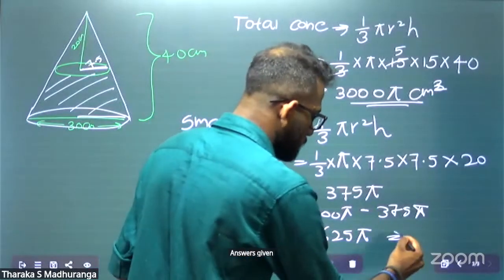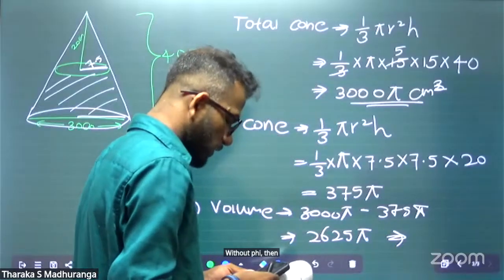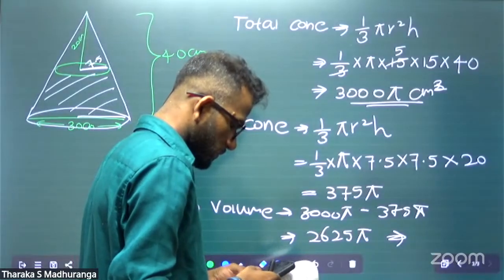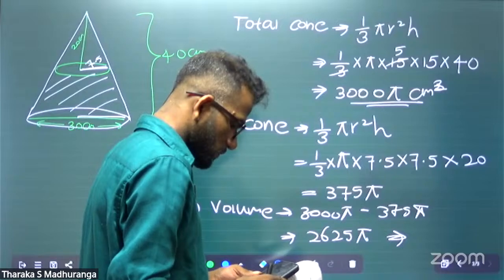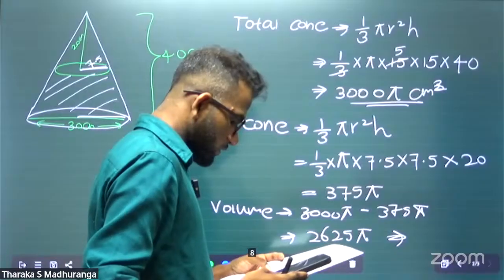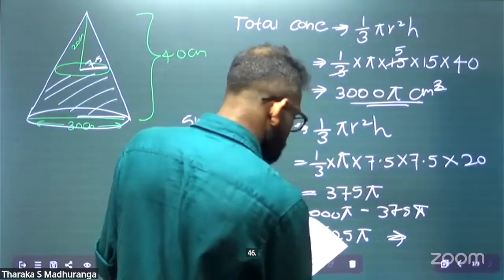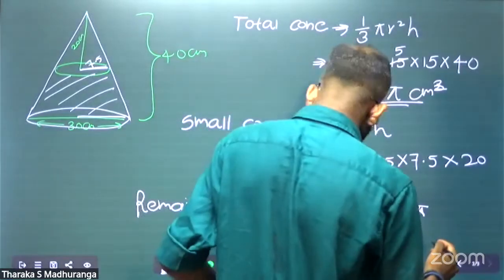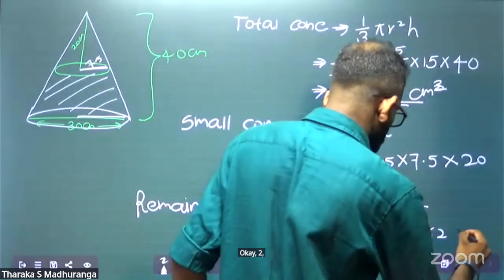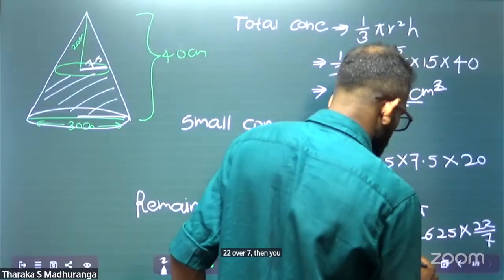Answers are given without 5, then multiply with 5. Okay, 2,625 multiply with 22/7, then you can get the correct value, I think.